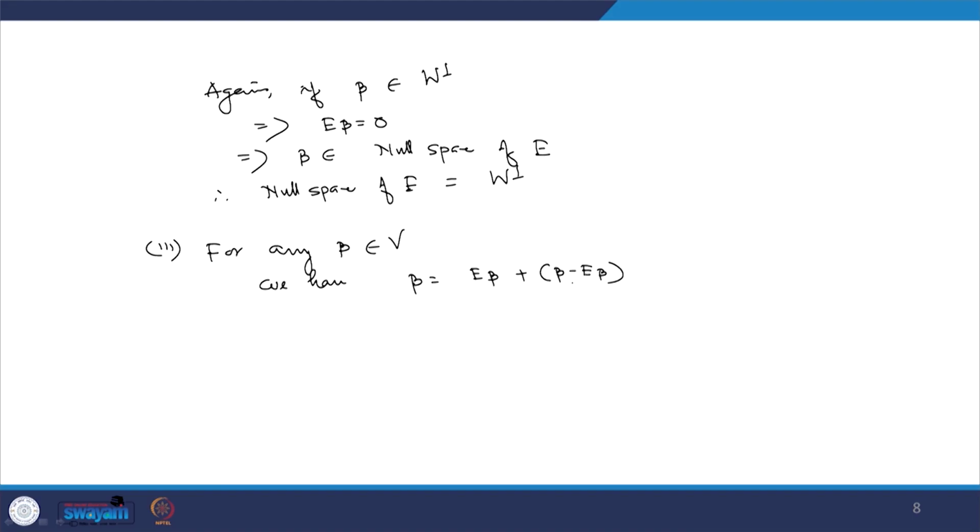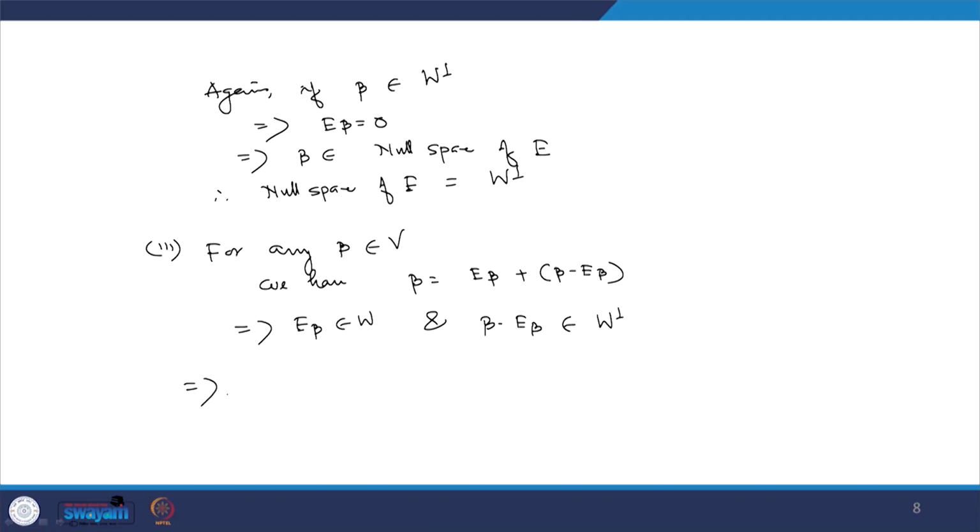One can write beta like this. So, this implies E beta belongs to W and beta minus E beta belongs to W complement. So, we see that beta can be written as the sum of an element from W as well as an element of W complement.